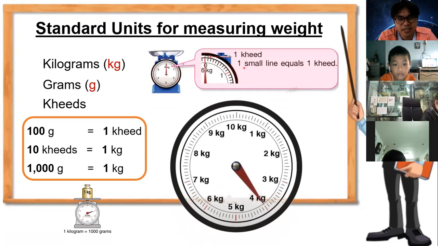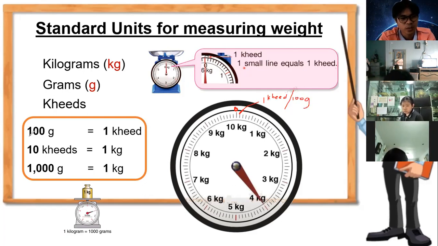This small line here, from 0, is equal to 1 kid, or 100 grams, because 100 grams is equal to 1 kid.